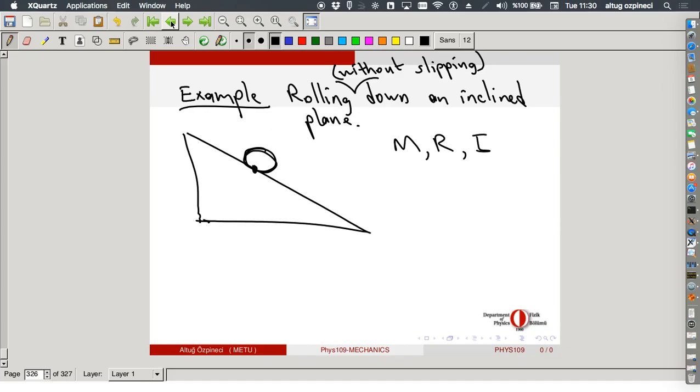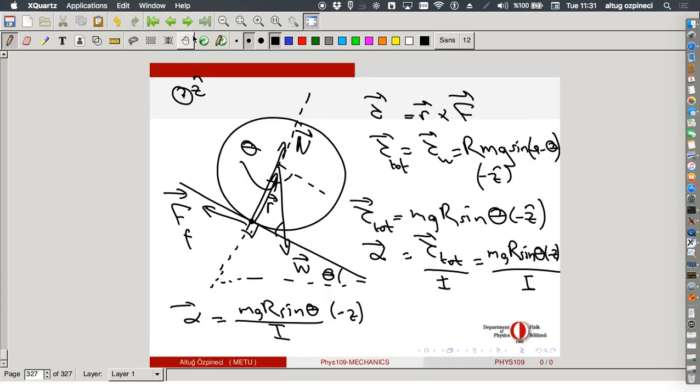Now, since my wheel is rotating around this point, I will tell you that the moment of inertia is 2mr squared. This is the moment of inertia. Why it is 2mr squared, we will study on Thursday. So alpha is equal to g over 2r sine theta in the minus z.